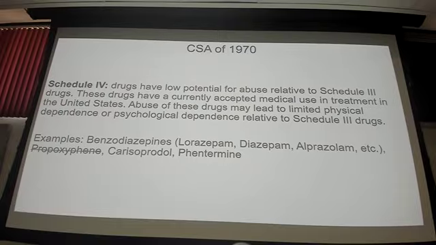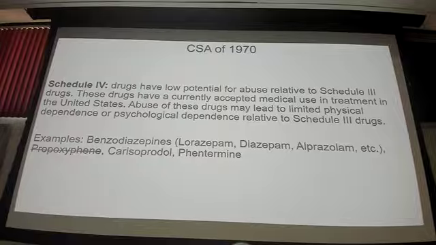Schedule 4, these have low abuse potential. They include benzodiazepines. Propoxyphene was removed from the market. It is an opioid, and there were issues with it causing heart problems, so it was removed from the market. And then you have some other ones.